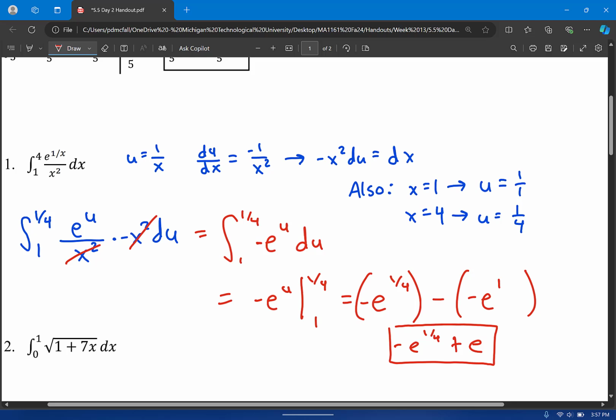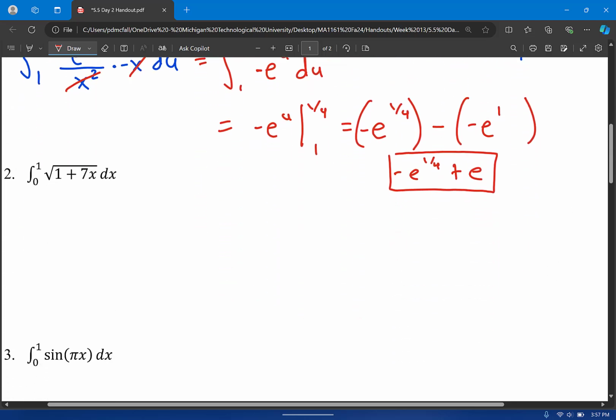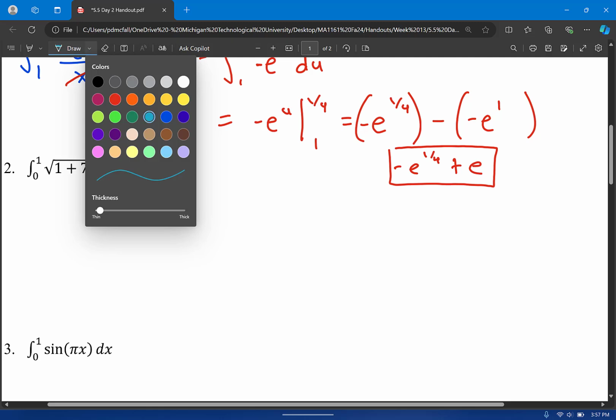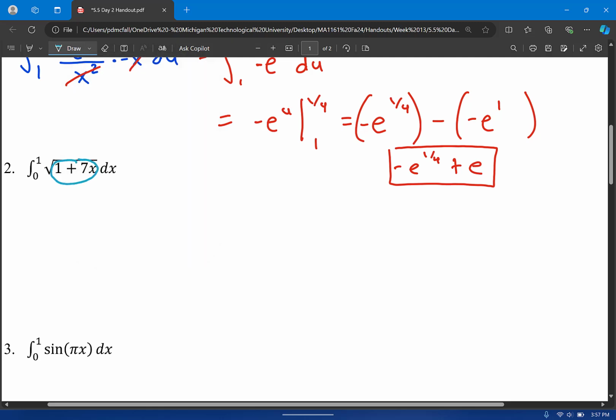All right, next example. We see this inner function 1 plus 7x. So it'd be nice to replace that inner function with a u. So I'm going to say u is equal to 1 plus 7x. And the derivative of that with respect to x is just 7. So I'm going to solve for dx. 1/7 du is equal to dx.